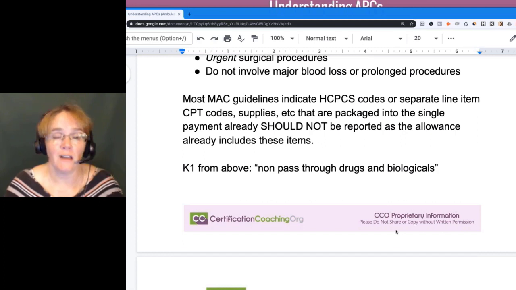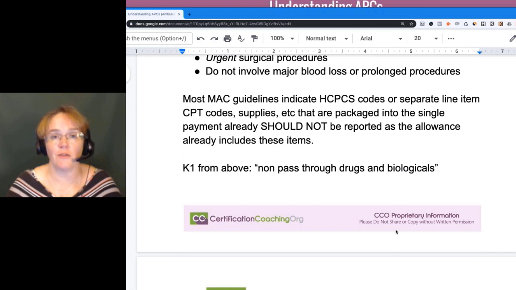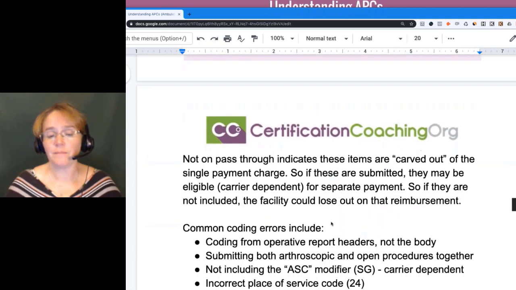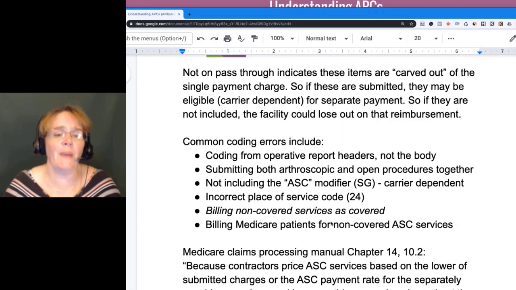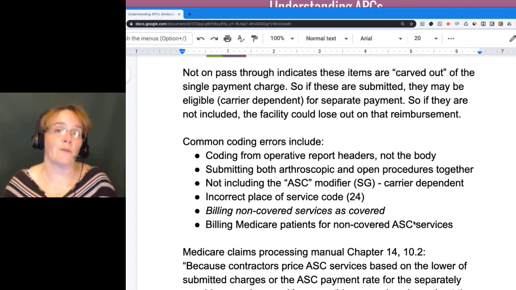So up in the schedule we showed a little bit earlier, K1 said a non-pass-through drug and biological. So we're going to scroll down and see what the non-pass-through means. What they're talking about is a non-pass-through is items that are carved out from that single payment. Typically you might use this, but sometimes people use this.